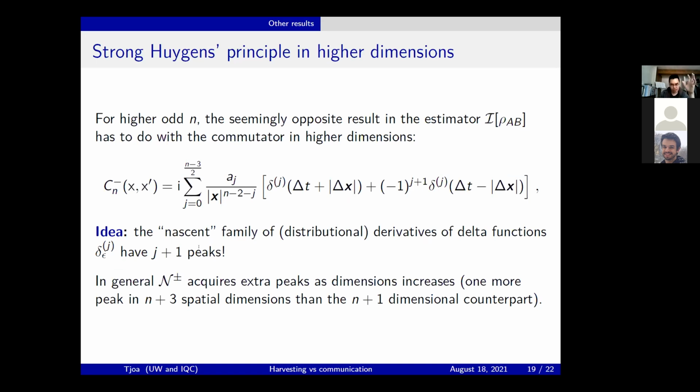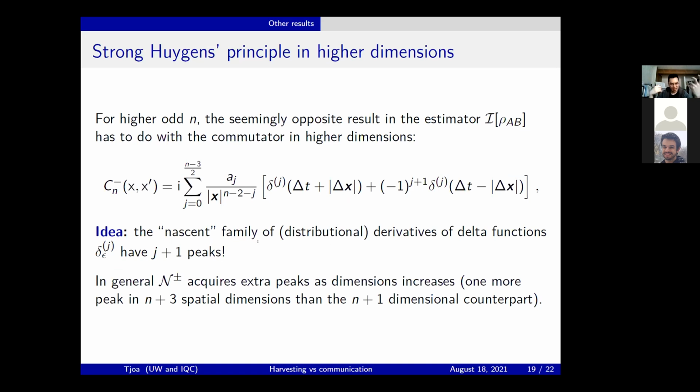The way to think about this is that if you think of a family of Gaussians as nascent delta functions, then the distributional derivatives have a nascent delta that comes from derivatives of the Gaussians.